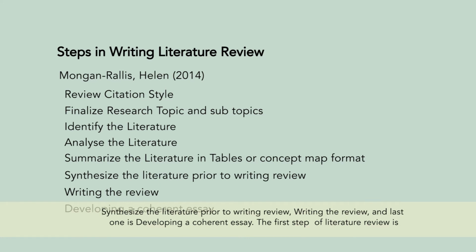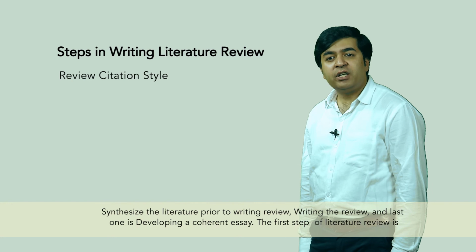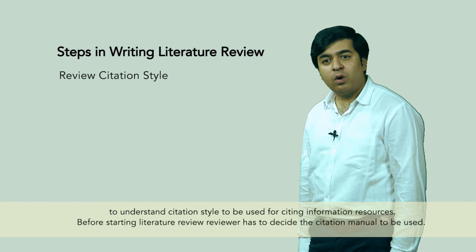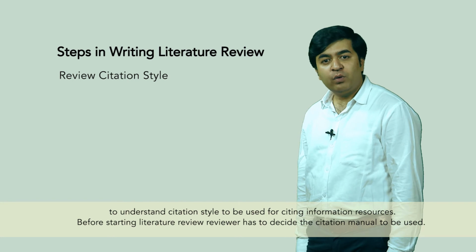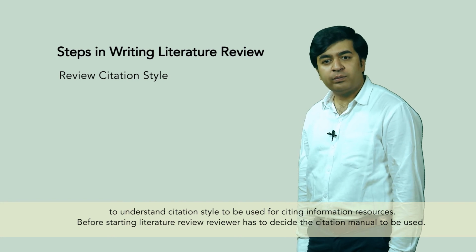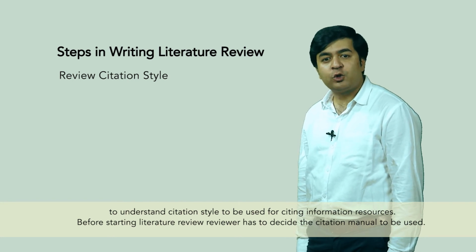developing a coherent essay. The first step of literature review is to understand the citation style to be used for citing information resources. Before starting the literature review, the reviewer has to decide the citation manual to be used.